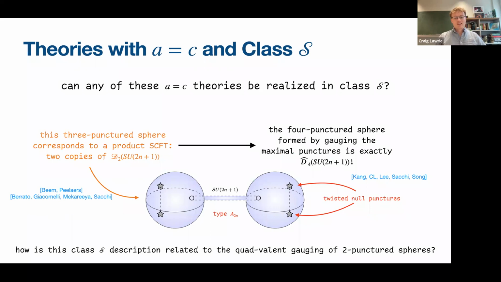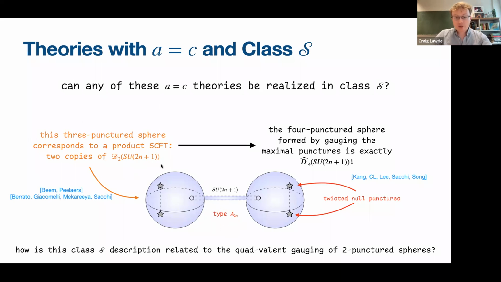If you see this 3-punctured sphere that I've drawn here, it contains 3 punctures. This 3-punctured sphere actually corresponds to a product SCFT. That's something which just happens in class S. No one guarantees that your 3-punctured sphere theory is irreducible. And this theory, in fact, corresponds to 2 copies of the D2 SU(2n+1) theory, where the class S is of type A2n.